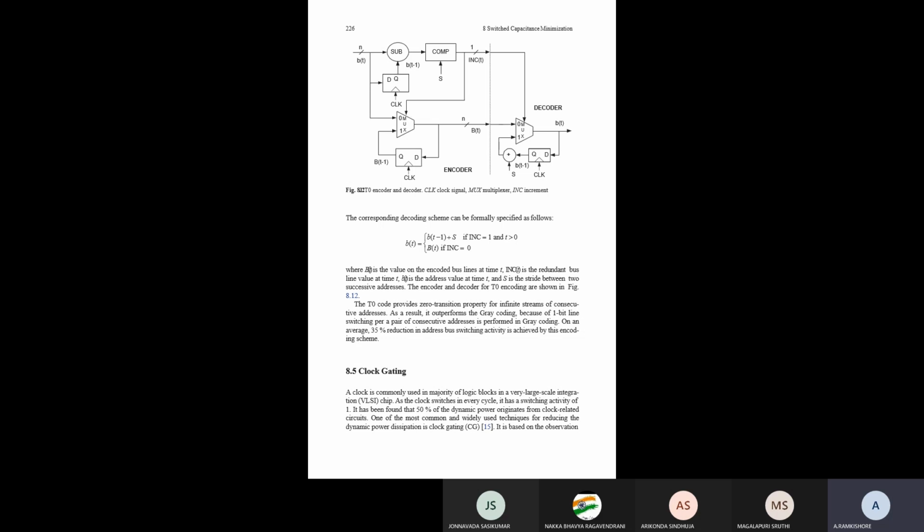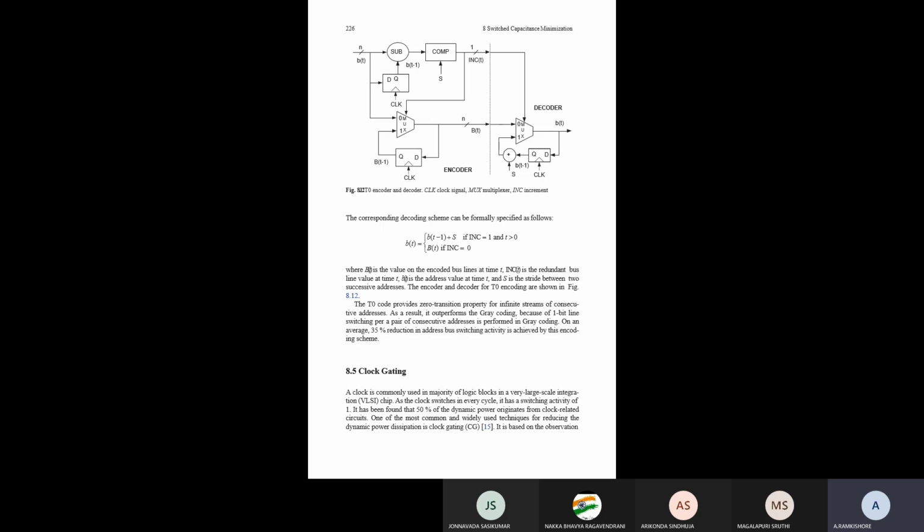Those capacitances will be larger or very high. Then the circuit will consume more power dissipation, and it may be either static power dissipation or dynamic power dissipation.